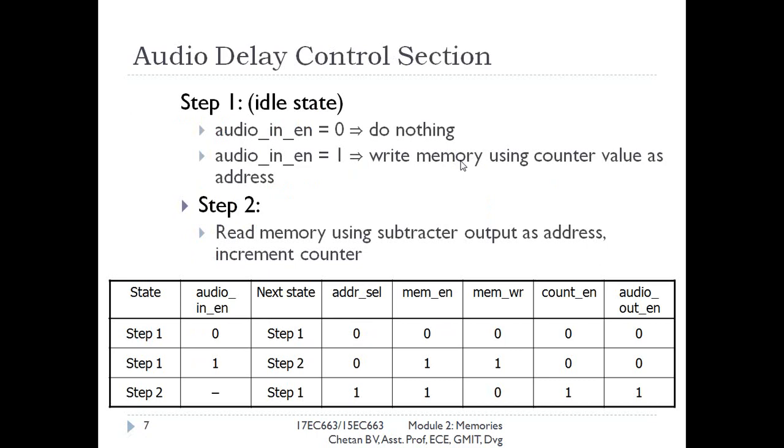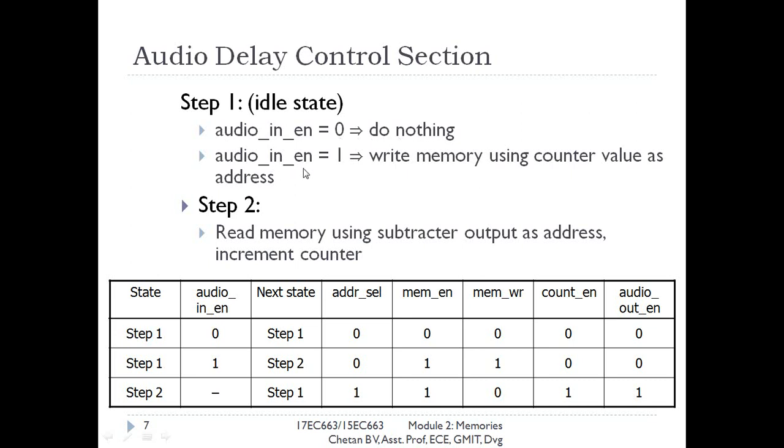Coming to the control section, this system works in two states. Step 1, which is the idle state. In step 1, audio in underscore enable will be 0, meaning no audio sample has arrived. Therefore, the system is in idle state, so it will perform nothing.